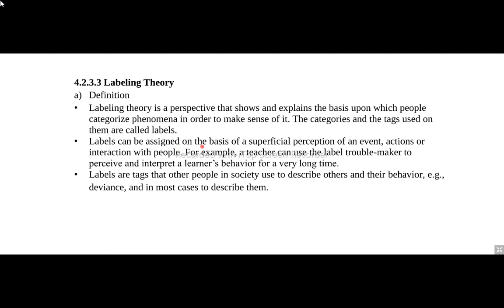Labels can be assigned on the basis of a superficial perception of an event, action, or interaction with people. For example, a teacher can use the label troublemaker to perceive and interpret a learner's behavior for a very long time.